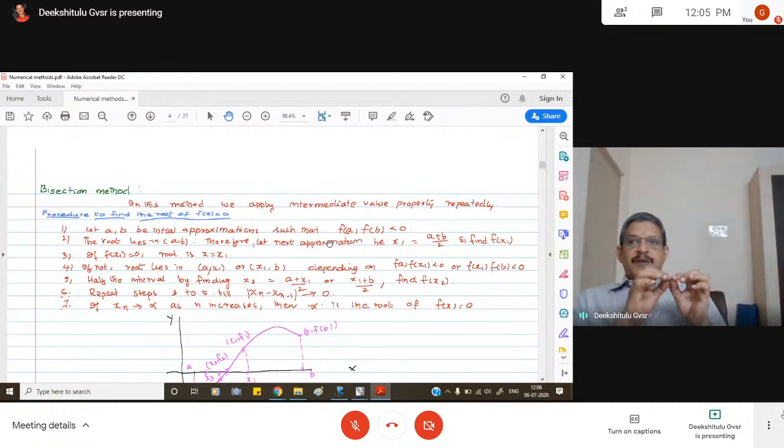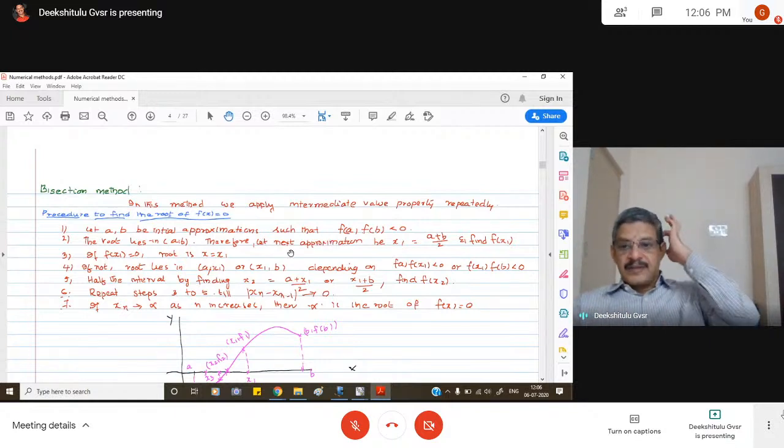We know the sign of f(a). We know the sign of f(b). Let us say f(a) is less than 0 and f(x1) is also less than 0. Then the root cannot be in this interval by the intermediate value property. If f(a) is less than 0, f(b) is positive and f(x1) is negative, then the root lies in between. So that comparison, the comparison of sign, is done at every step.